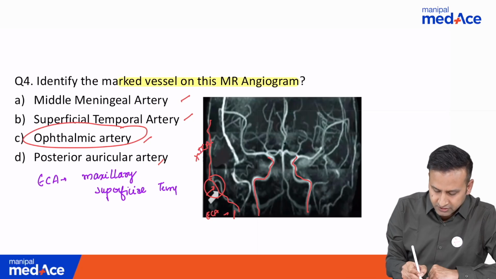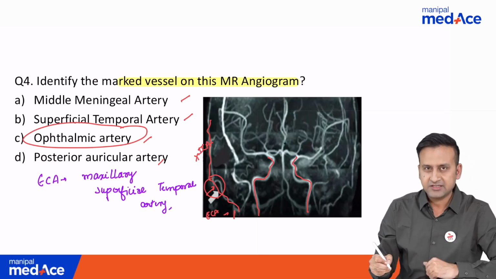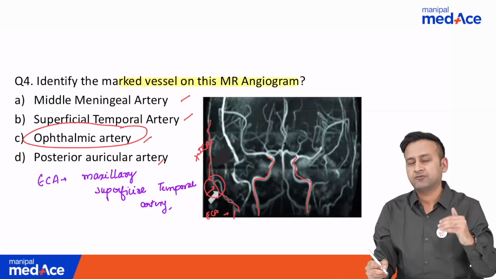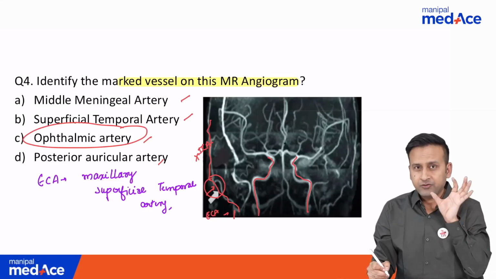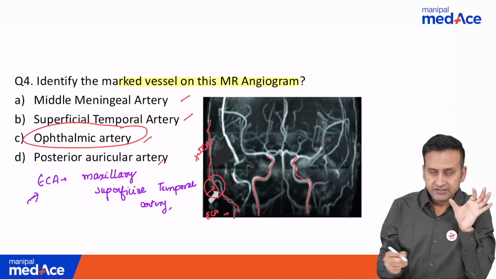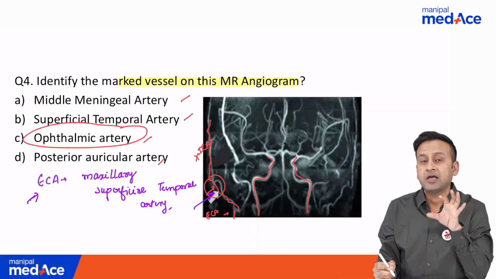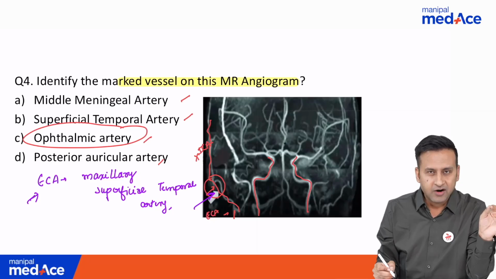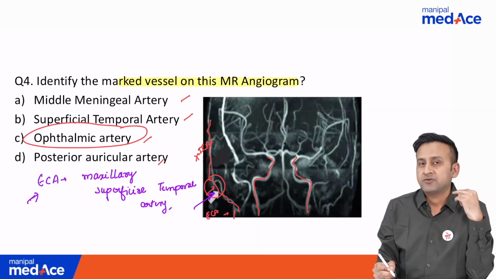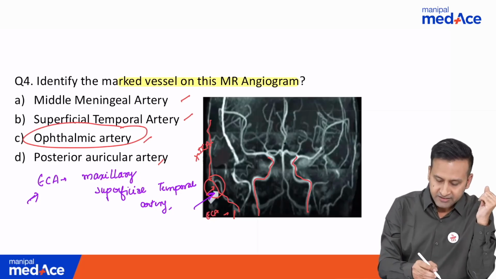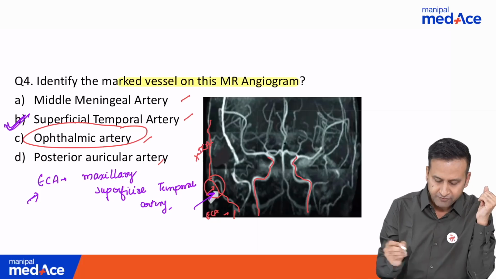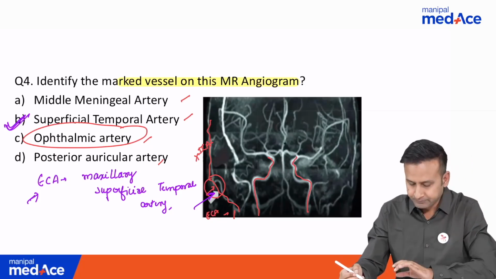So this was another question which had a lot of integration. The integration in this case was not from a clinical subject, but from anatomy. So if you know the terminal branches of ECA, you can solve this question because this particular branch was arising from the external carotid artery. And since it was traversing in the temporal region, the answer in this case has to be superficial temporal artery.